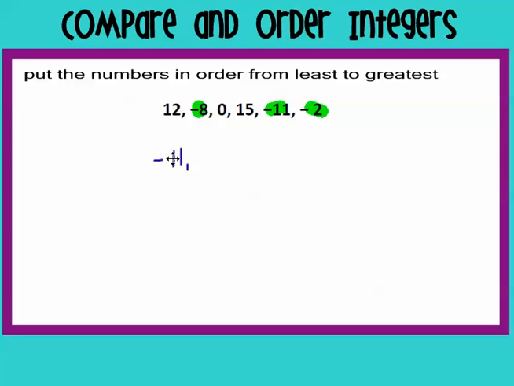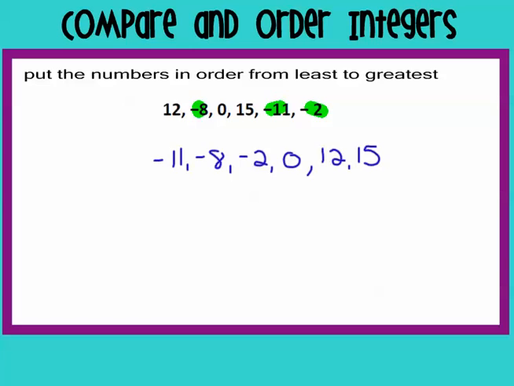As we move on the number line, we're going to see -8 next. We're getting closer to 0, so now we're at -2. Well, we're out of negative values, so we'll look: do we have 0 in the list? Yes, so that goes next. Now we can focus on the positive values, and I see a +12 and a +15. Well, 12 would come next, and then 15.